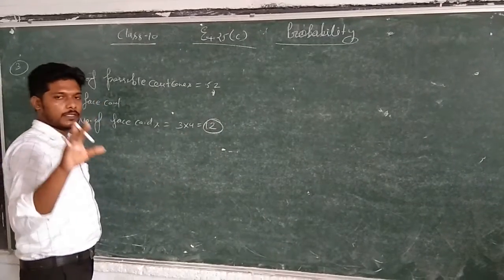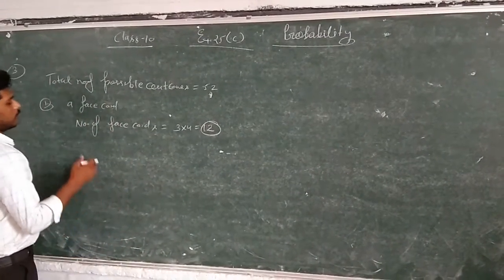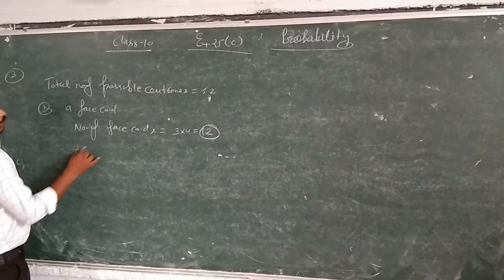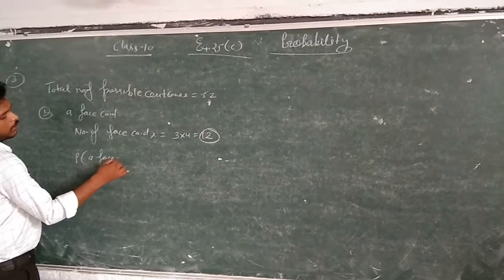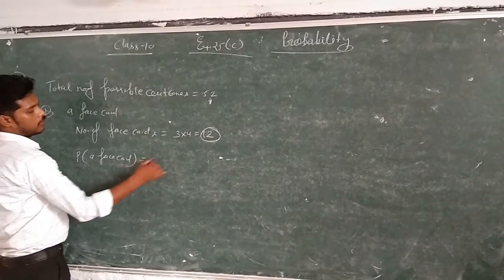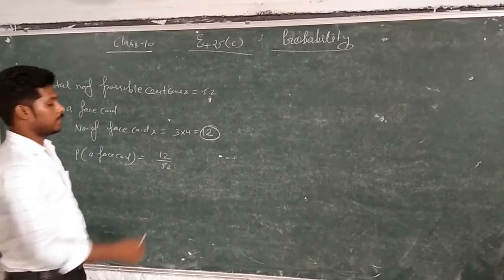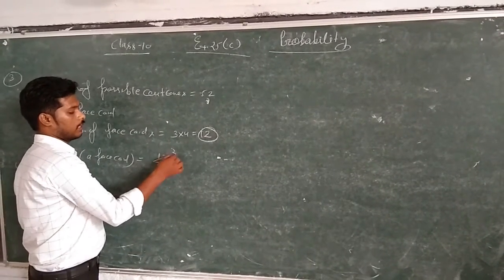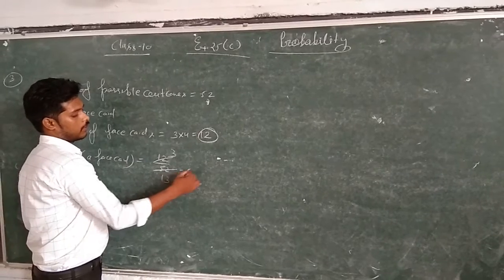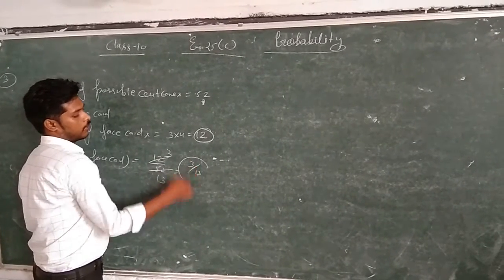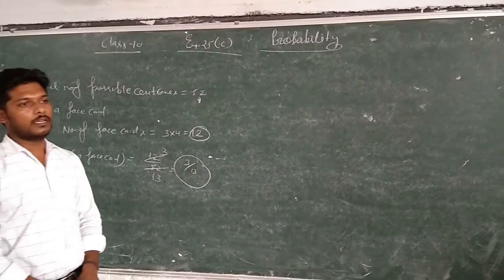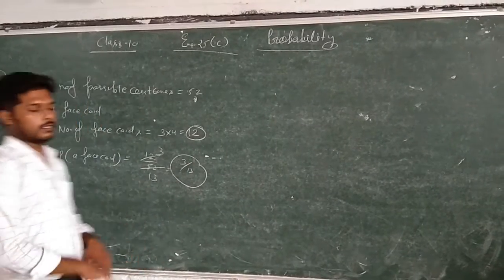So there are 12 face cards in total among the 52 cards. Now P of a face card is equal to 12 upon 52. Convert it to simplest form, divided by 4: 4 threes are 12, 4 thirteens are 52, so the probability will be 3 upon 13. You can observe here, out of 13 cards you will get 3 face cards.